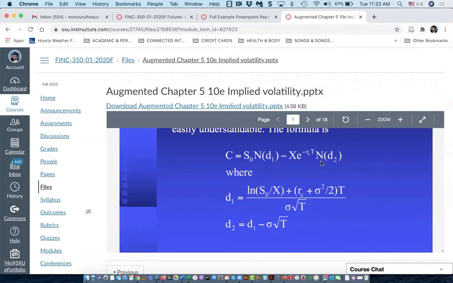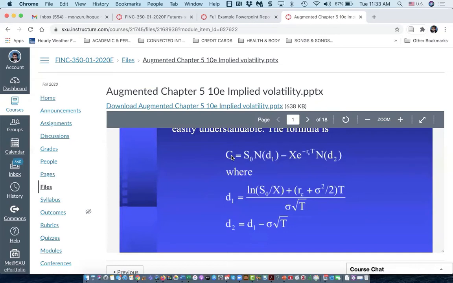Black-Scholes originally wanted to solve for C based on 4 other variables, which are S sub 0, X, R sub C, T. But now we say that instead of solving for C, we'll assume that these call option prices you see are generated by the market.